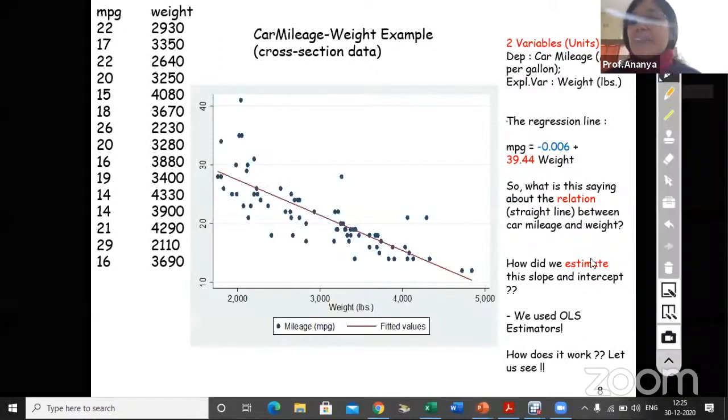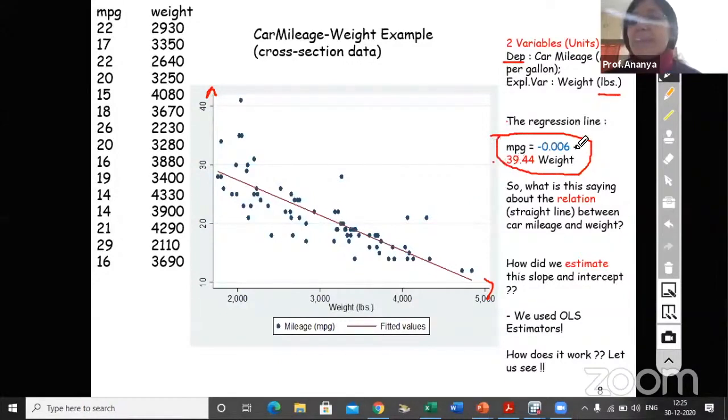So here my dependent variable is mileage, for cross-section data on cars. I have the miles per gallon and the weight of the car in pounds. Here I have the weight of the car and here I have miles per gallon, and this is my regression line. So what is this saying? It is saying that for a car which is a pound heavier, its miles per gallon is actually, sorry, this should be negative.